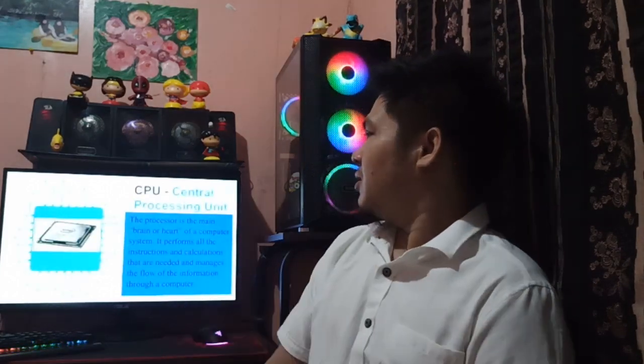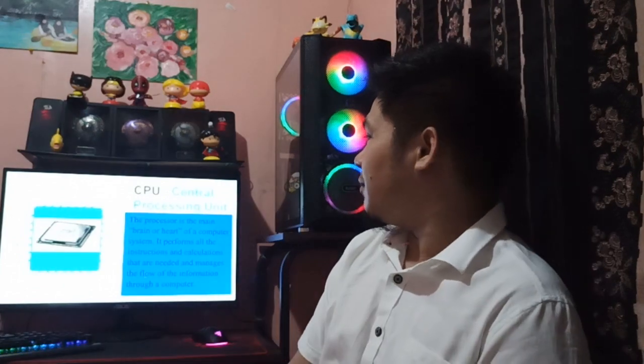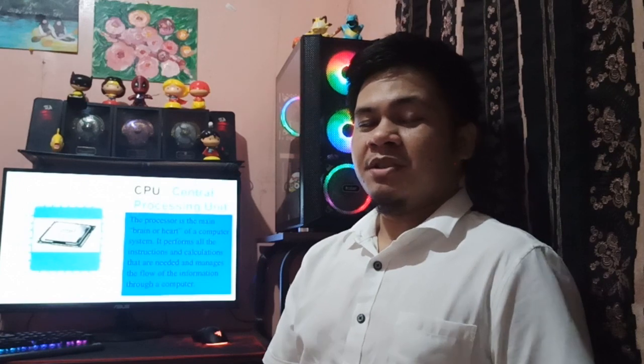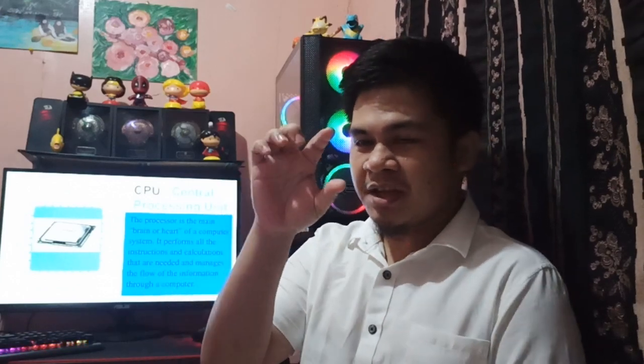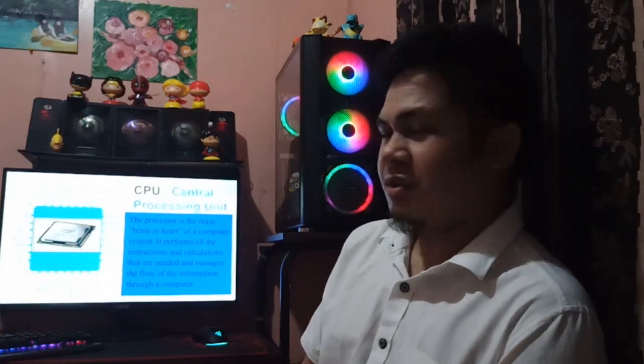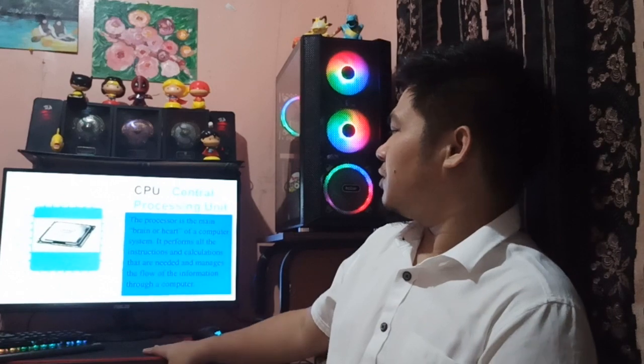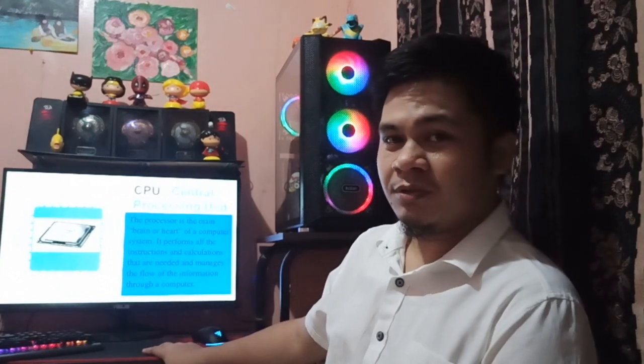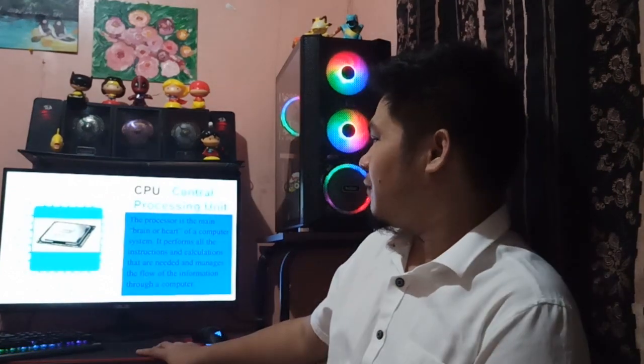Next, this is the CPU, or central processing unit. Remember earlier about the system unit being mistakenly called a CPU? This is the difference. The system unit is a very big box, while a CPU is just a tiny square circuit. The processor is the main brain or heart of the computer system.